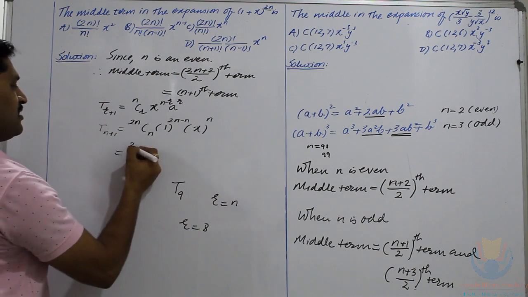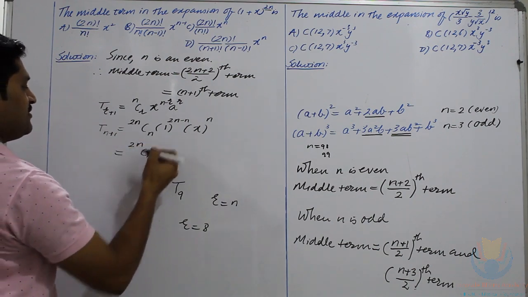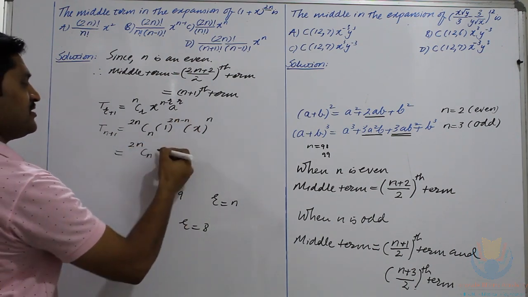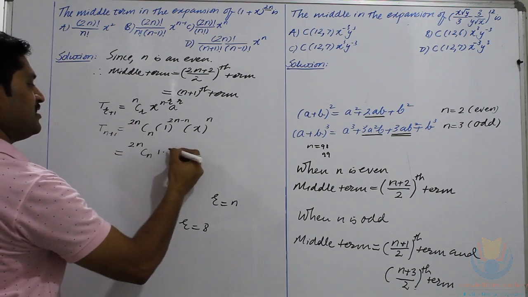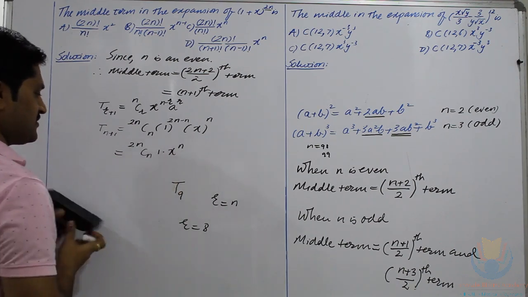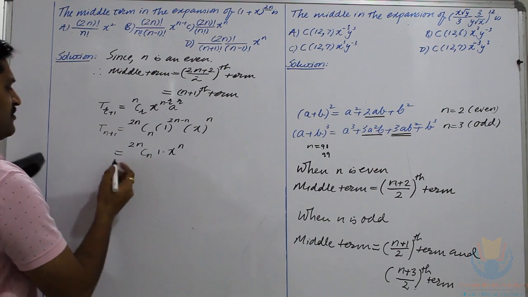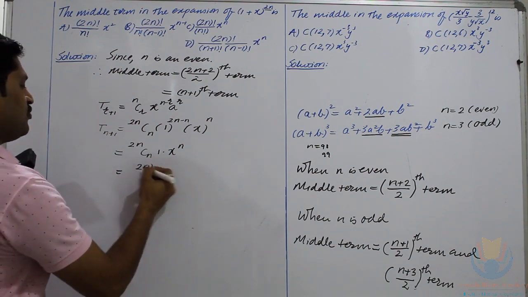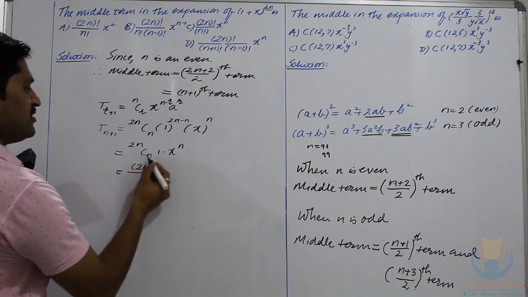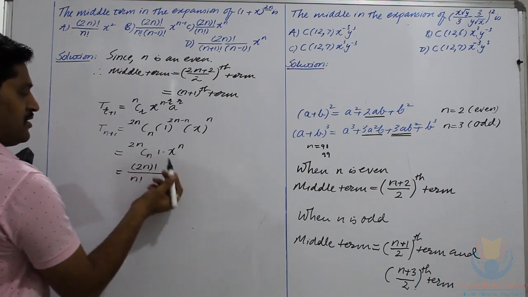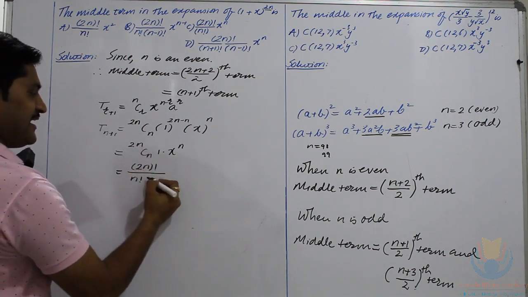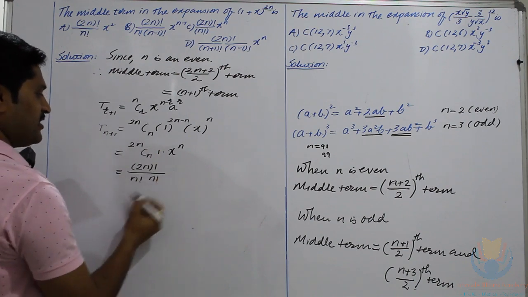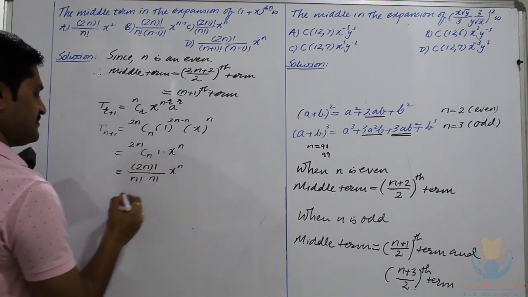Let's simplify. So this 2n C n, and this 1 raised to anything is 1, and that x raised to n as it is. Again we will use the formula of combination. That formula is 2n whole factorial upon n factorial into 2n minus n, which is n factorial, and x raised to n as it is.